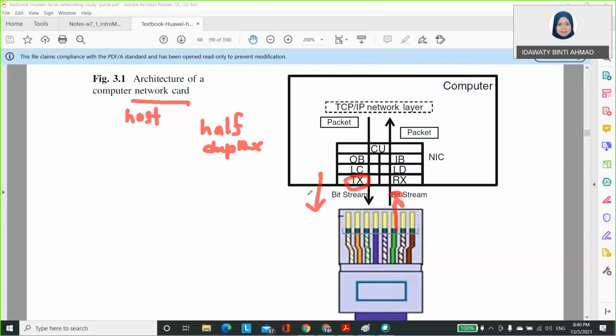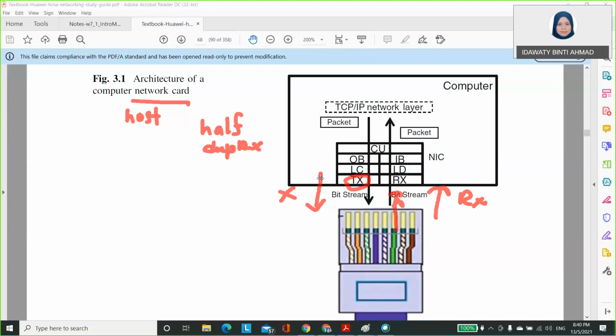Okay, so if Rx is currently receiving a signal, you cannot send. That is half duplex. And for full duplex, you don't care much about the receiving side.